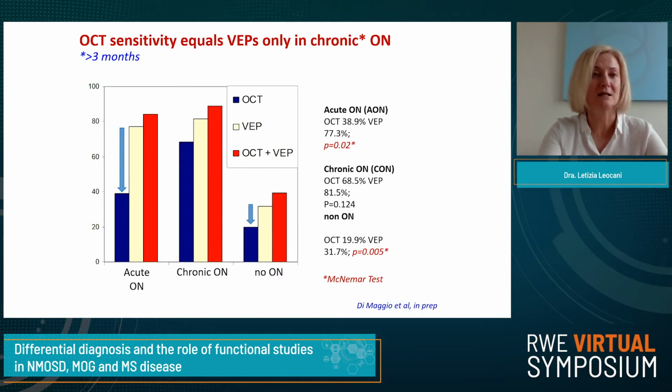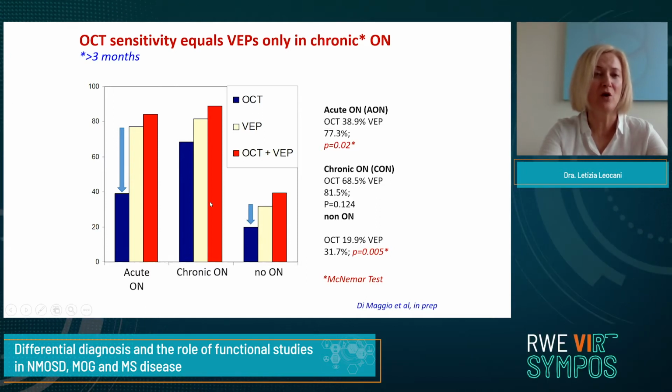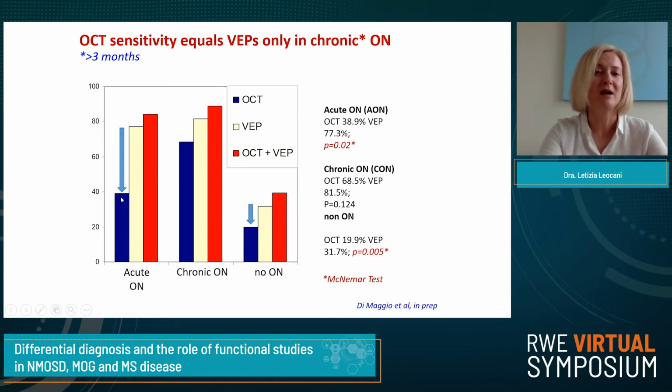So it takes longer time. So they're almost equally sensitive to VEP only in the chronic phase, while in the acute phase, you may see VEP delay without still abnormalities in the OCT.